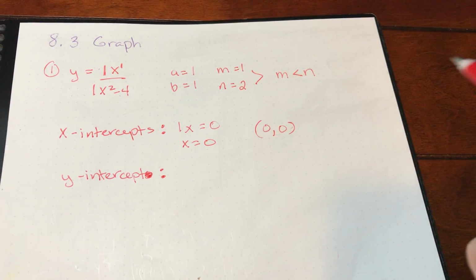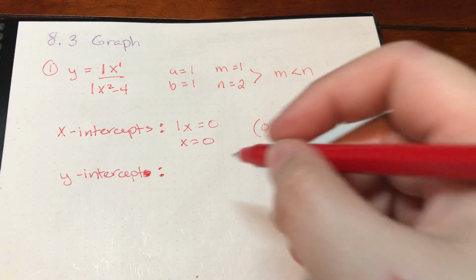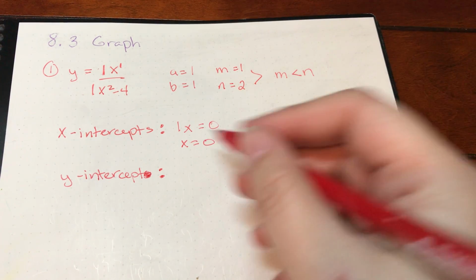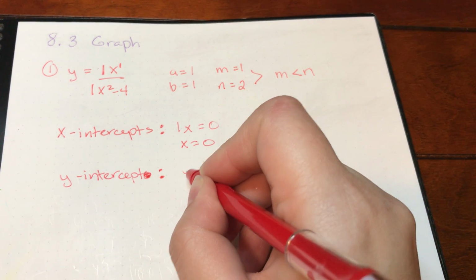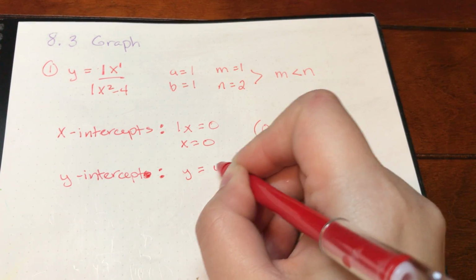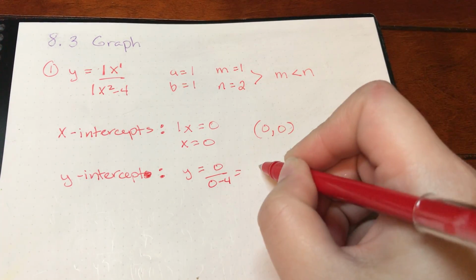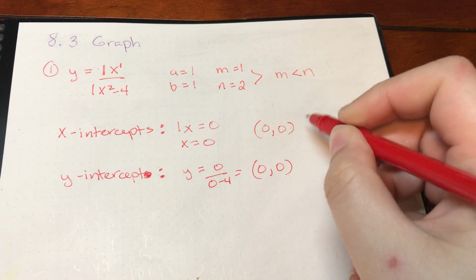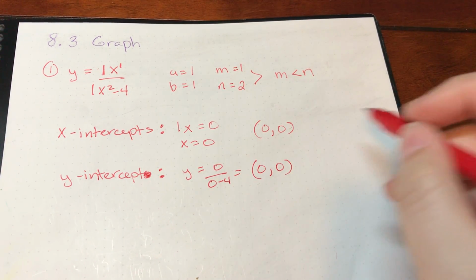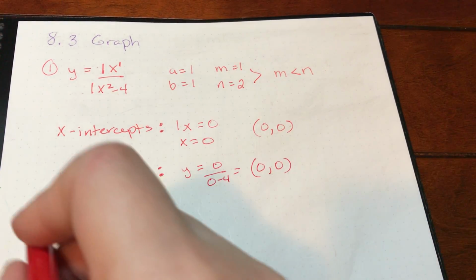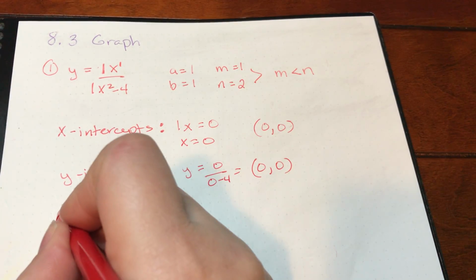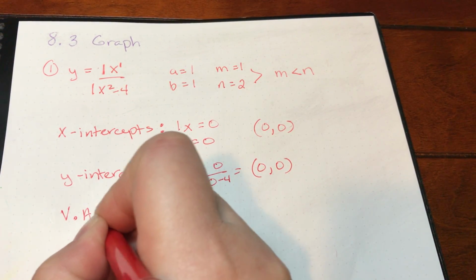There can never be more than one. If x is 0, y equals 0 divided by 0 minus 4. Again, that's going to be 0. So this point, in this case, is our x- and our y-intercept. It's just one point.